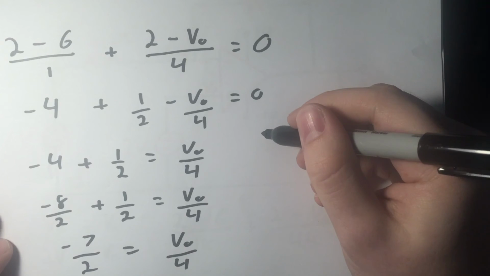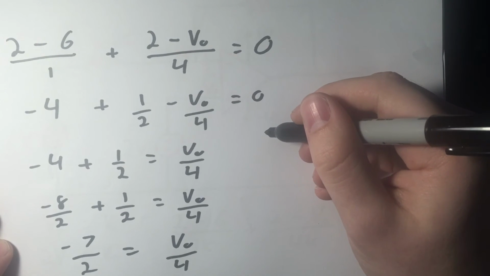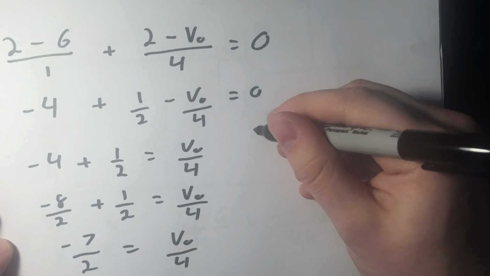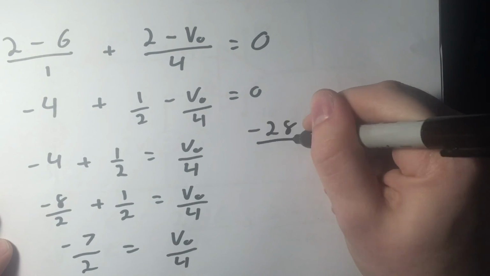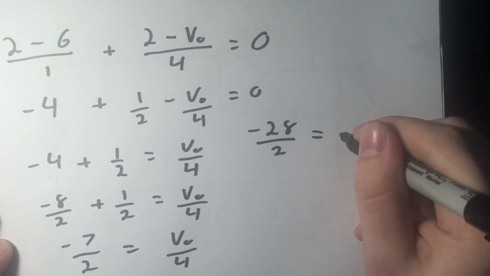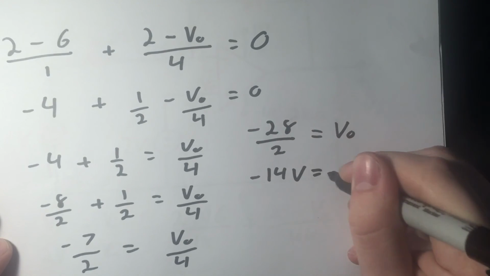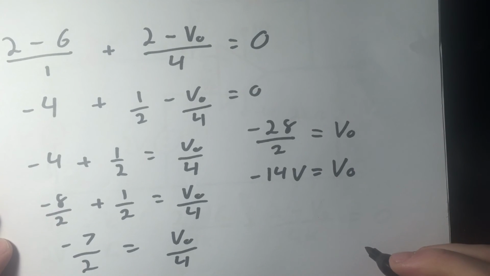Come over here. All we have to do now is multiply both sides by 4. So we'll have -28 over 2 is equal to V naught, and that is -14 volts is equal to V naught.